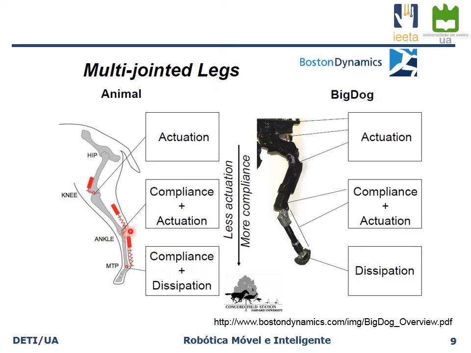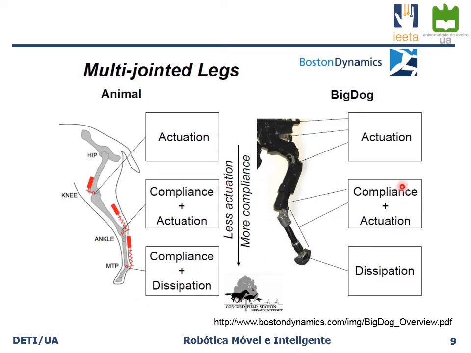Then at this level there is a mix of compliance and actuation. The compliance is a part where you have these passive parts that can absorb and release energy together with actuation. And then the third level, close to the floor, is responsible both for compliance and dissipation of energy. And this dissipation of energy is the way to ensure that when an animal is running, for instance, and strikes the floor, it does not break a leg.